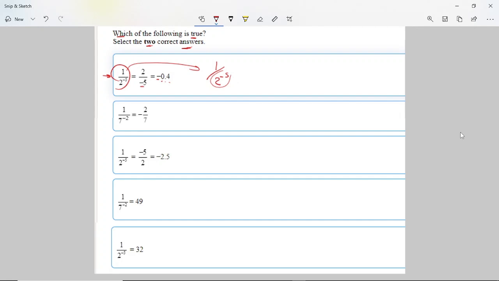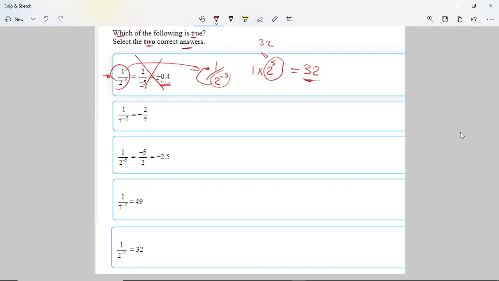If I do it with positive 5, I have to flip this number, from denominator to numerator. So it means 1 multiplied by 2 to the power of 5. So 2 to the power of 5 means 2 multiplied 5 times by itself, so it will be 32. So the answer will be 32. So this answer is wrong.